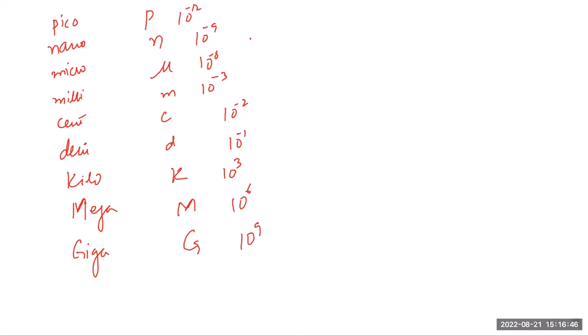Now, moving further in this topic, you must know what a homogeneous equation is. A homogeneous equation is an equation in which we have the same base units on both sides.